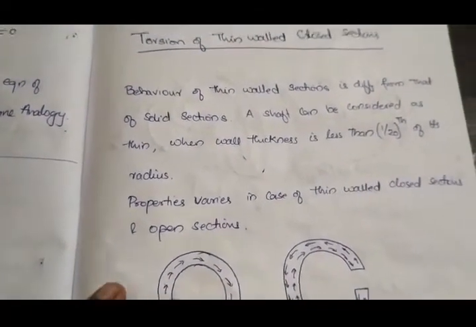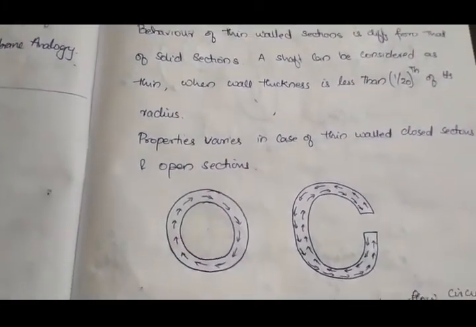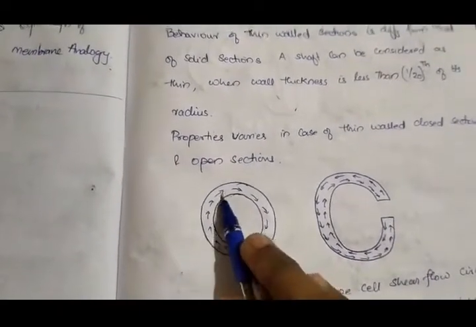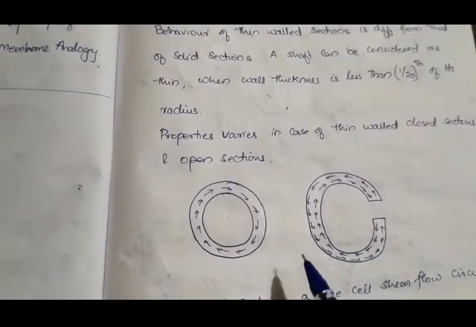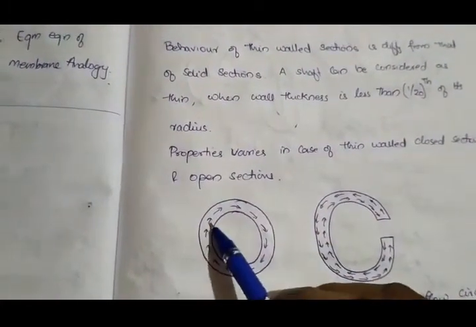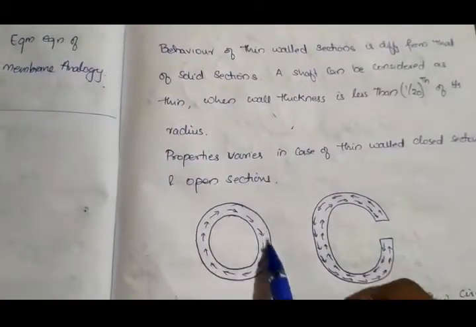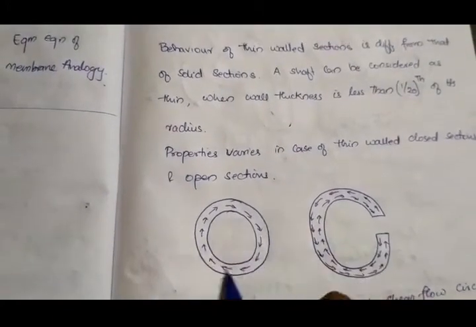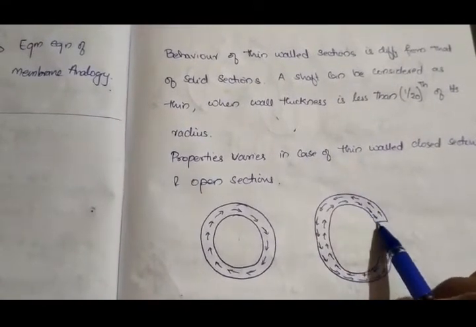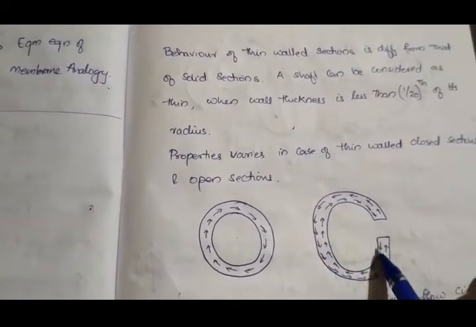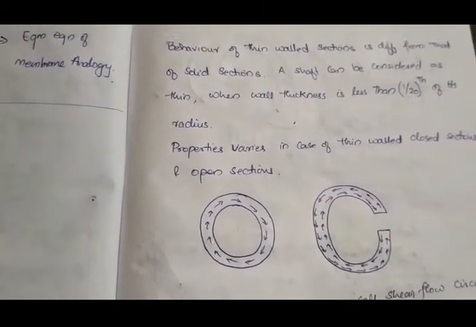The properties vary in case of thin wall closed sections as well as open sections. See, if you consider a hollow shaft which is very thin and a hollow shaft which is open at this section, you can see that if you analyze shear flow, the shear stresses will flow like this in a closed section, whereas in an open section the shear stress will vary like this, or it will flow like this.